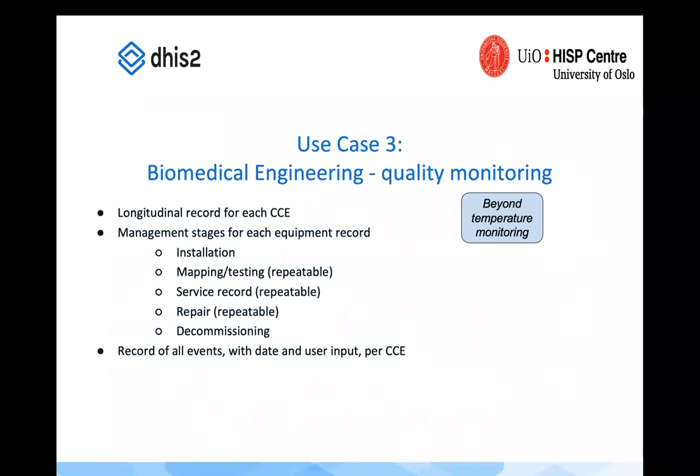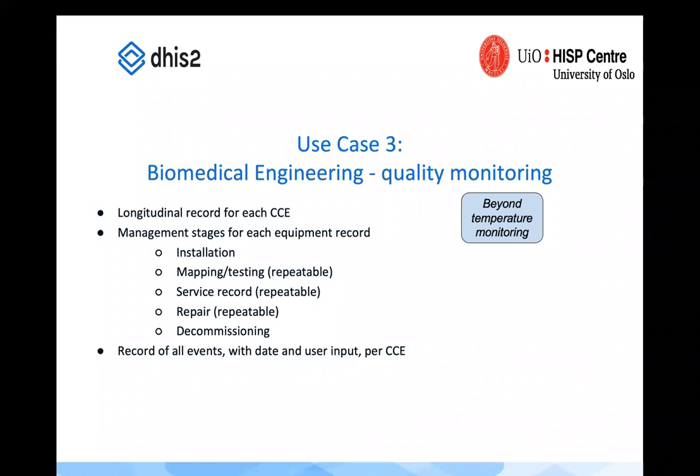And the next further use case is the biomedical engineering quality monitoring. We call it life cycle management, where you can follow a piece of cold chain equipment from the time of installation, then the commissioning, the testing, doing the initial installation.